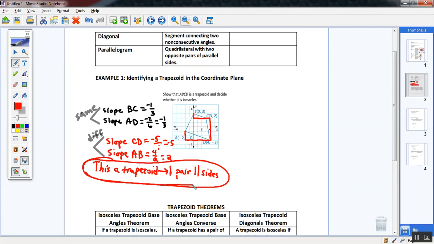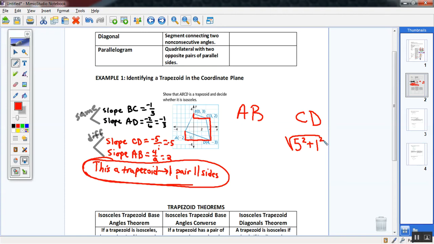Okay, is it isosceles? We would have to look at the left side and the right side distances. So the right side distance and the left side distance. We need to look at AB, and we need to look at CD as distance. Well, guys, go back to your slopes right here. For CD, we had a 5 and a 1, didn't we? Yeah. So wouldn't the distance for CD be the square root of 5 squared plus 1 squared using distance formula?